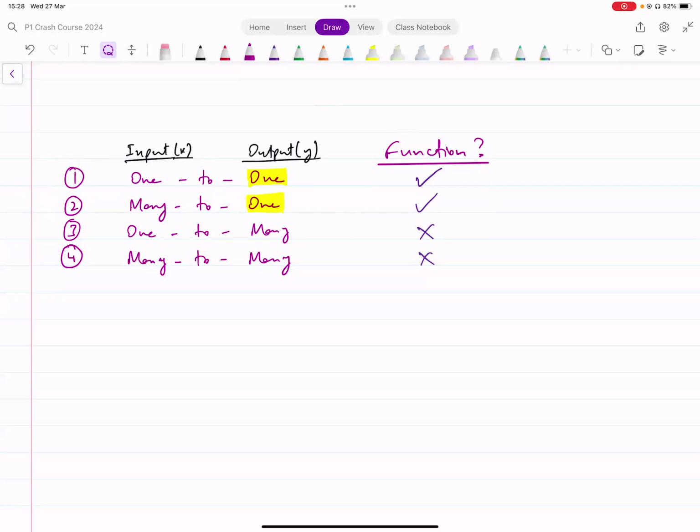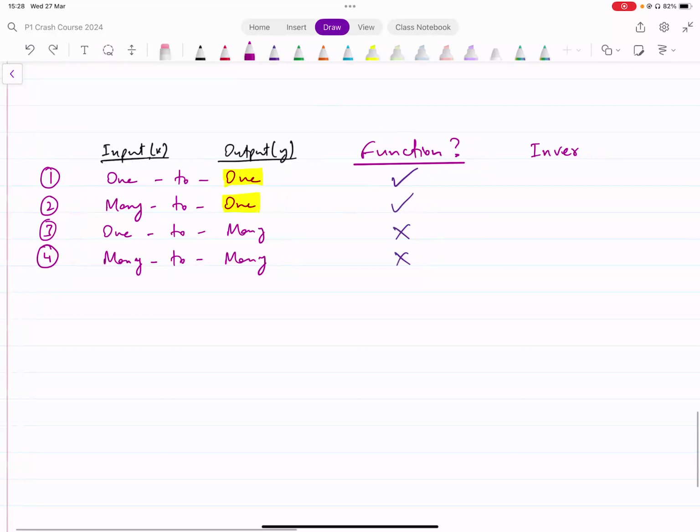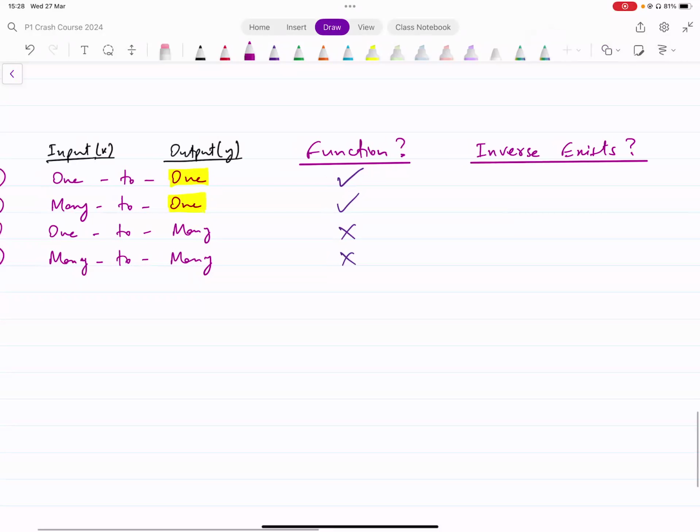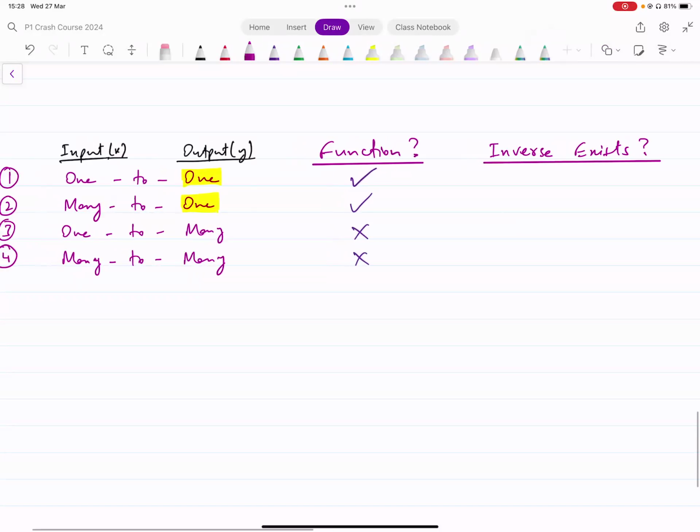And then, since we are now going to talk about inverse of functions, inverse only exists when a function is one-to-one. Let me write that here as well. How do you know if inverse exists or not? Inverse of a function only exists if it is one-to-one.